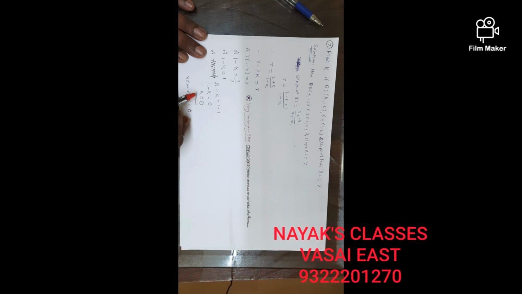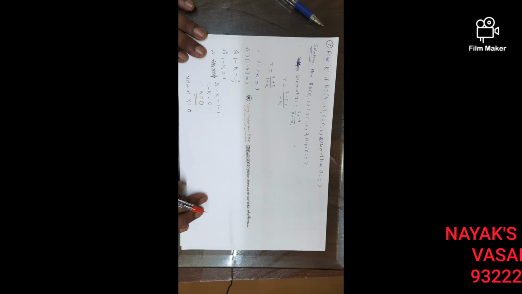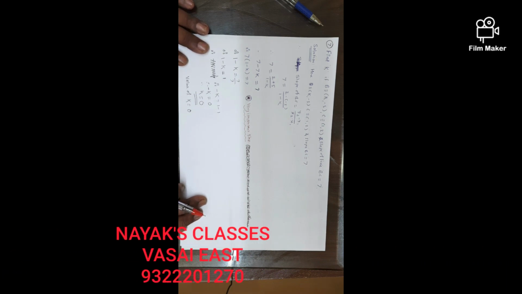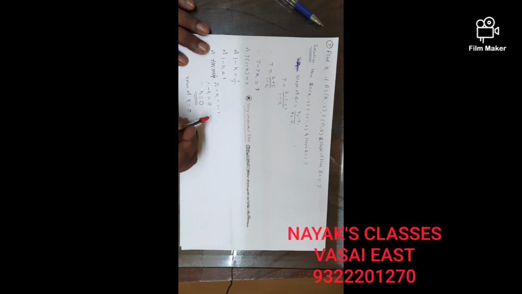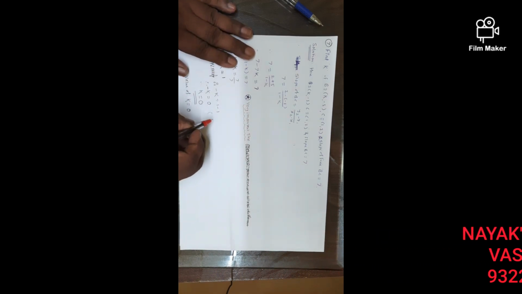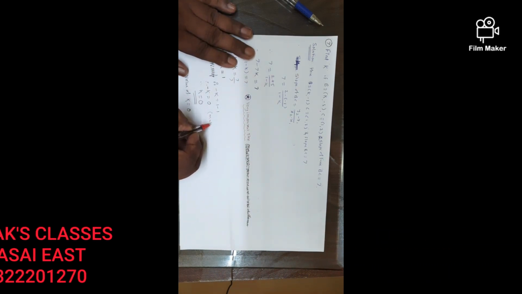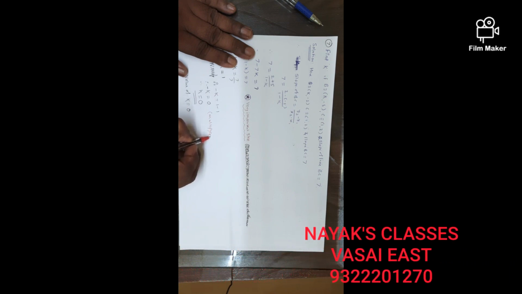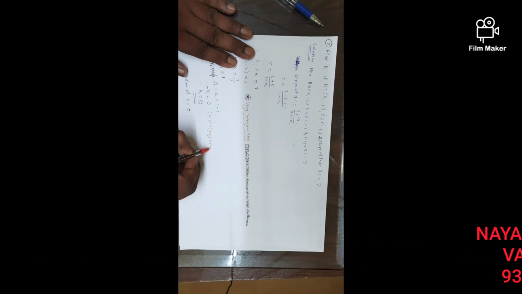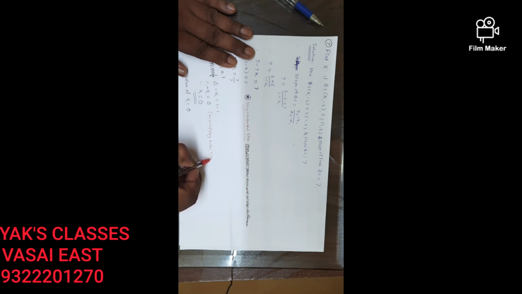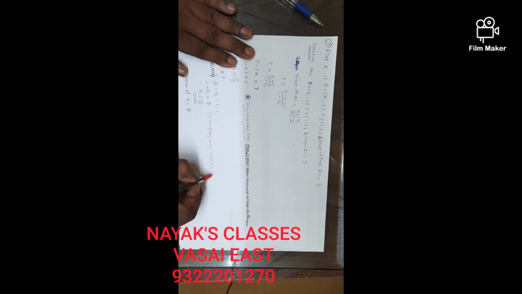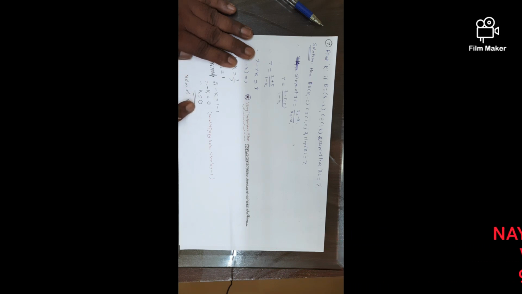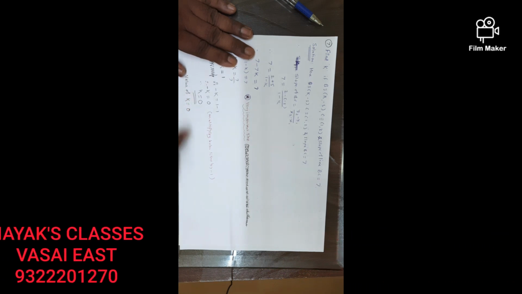Therefore, minus k, variables cannot be negative, so multiplying both sides by -1, it is k is equal to 0 and the value of k is 0.